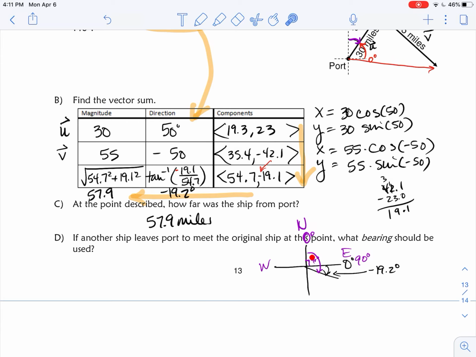So if I wanted to give a bearing for this rotation angle, it would be the sum of 90 and 19.2. It would be this obtuse angle, 90 plus 19.2. It is a positive 19.2 because we are working from the north and we are going further than directly east. And so what is that? 90 and 19.2, 109.2.